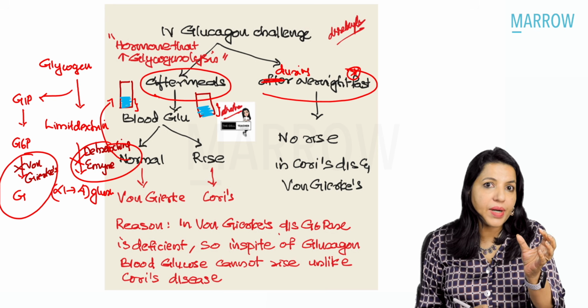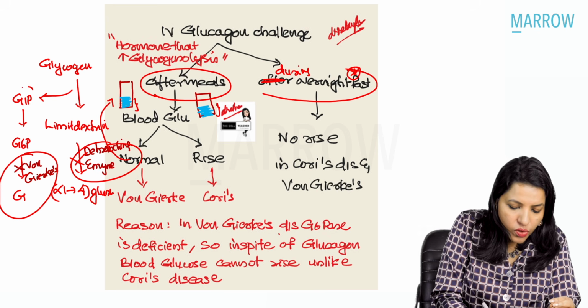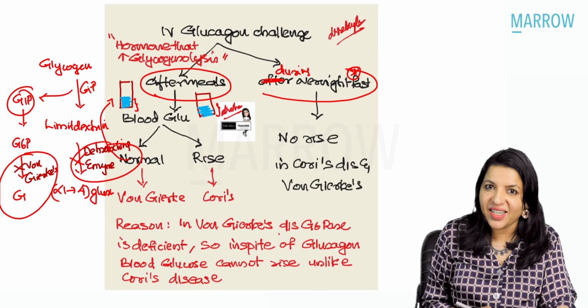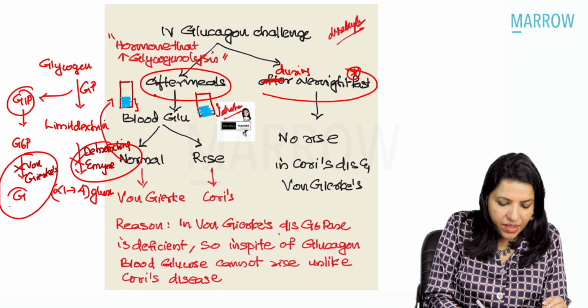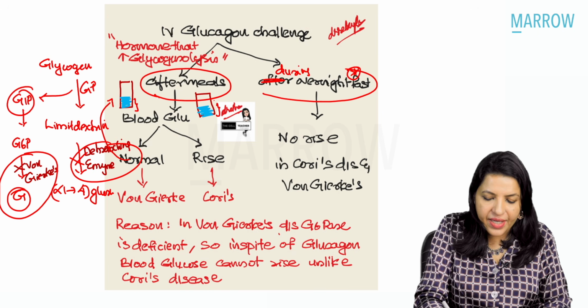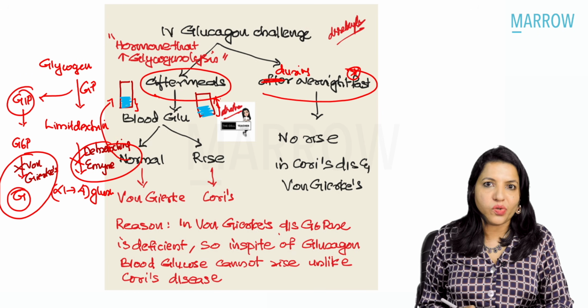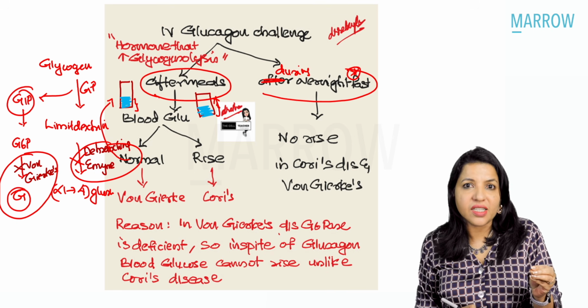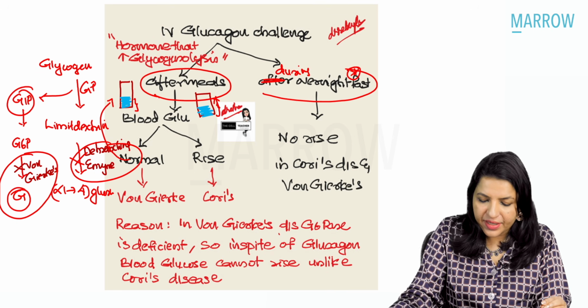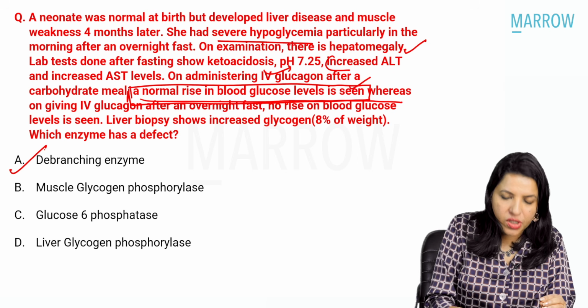So till all the branching points, some of the glucose 1 phosphate can be released by glycogen phosphorylase. This glucose 1 phosphate can be converted to glucose. So will there be a rise in blood glucose? Yes, there is a rise in blood glucose. It means that this is a case of Cori's disease. So the answer here is debranching enzyme.